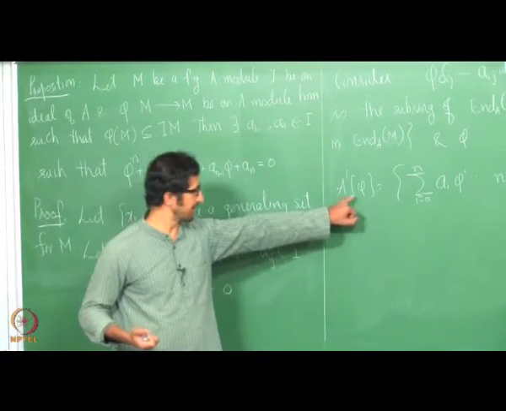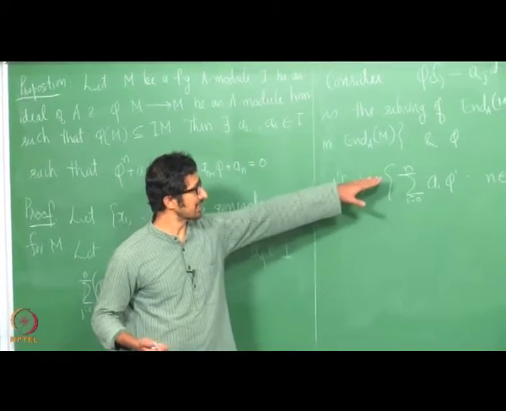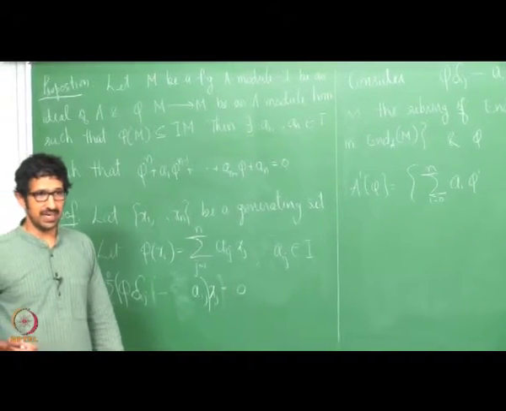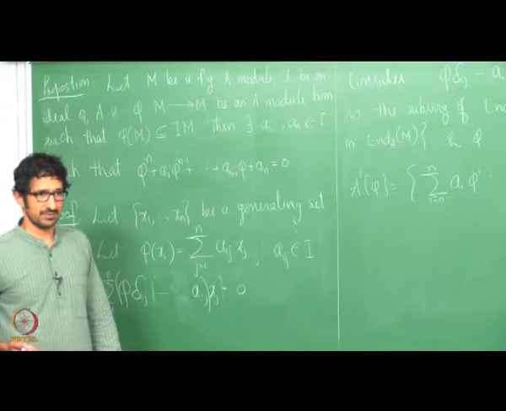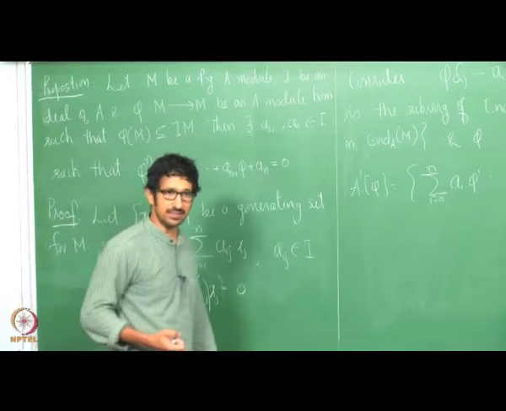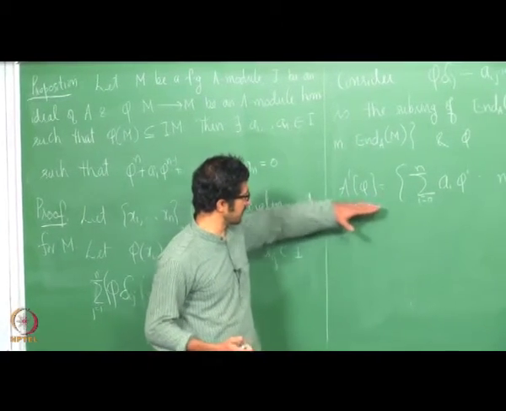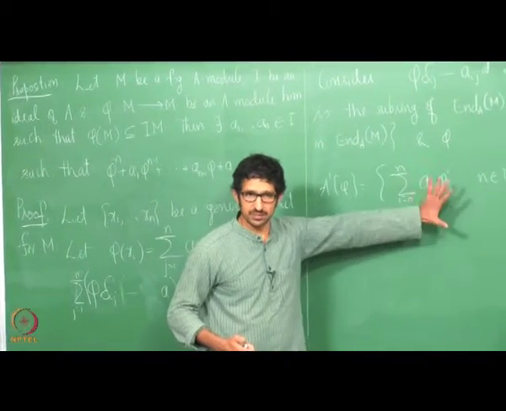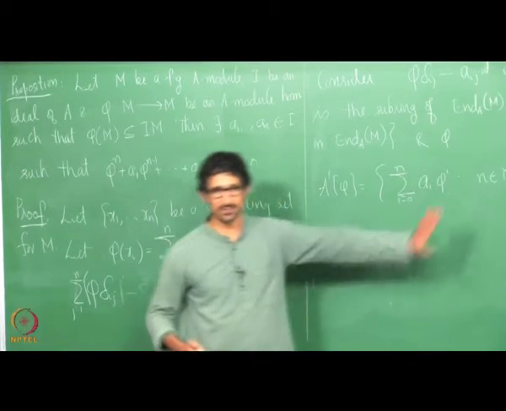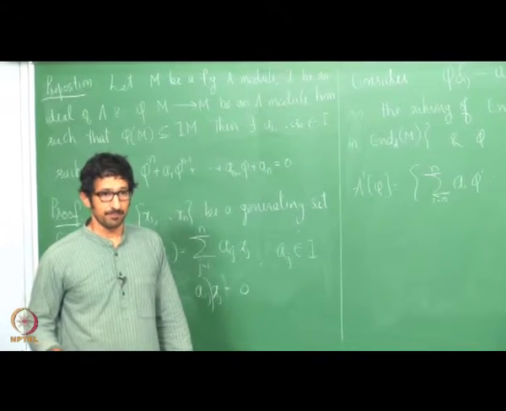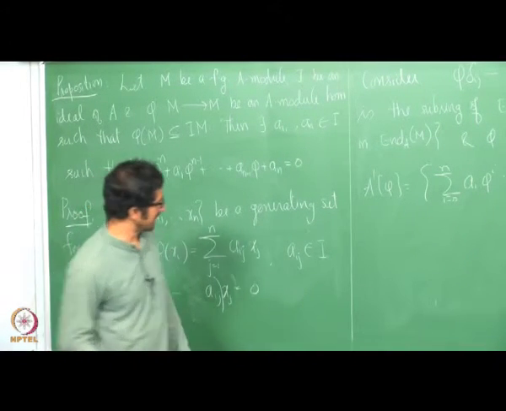A prime phi is a subring of the endomorphism ring. Do you understand this notation? This is the collection of all elements of this form. How does this include the image of A in the endomorphism ring?